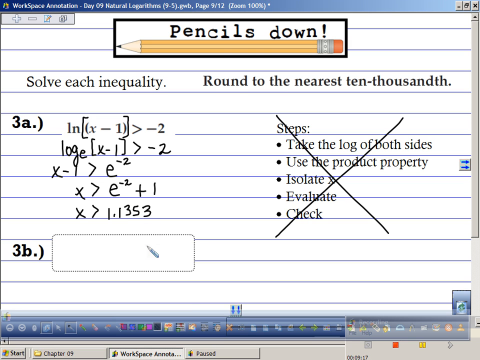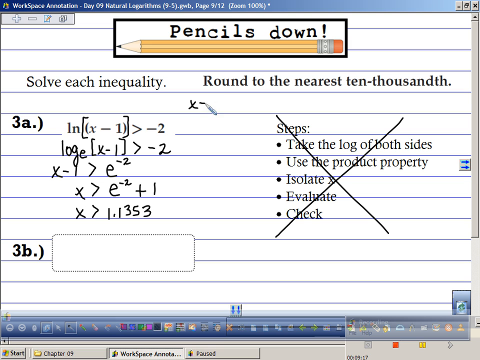1.1353. Okay, two things I have to think about with inequalities. The answer is not just one solution, it's more than one. It's everything larger than 1.1353. So if I've got more than one solution, what do I need to check? In here, what can this not be? 0.